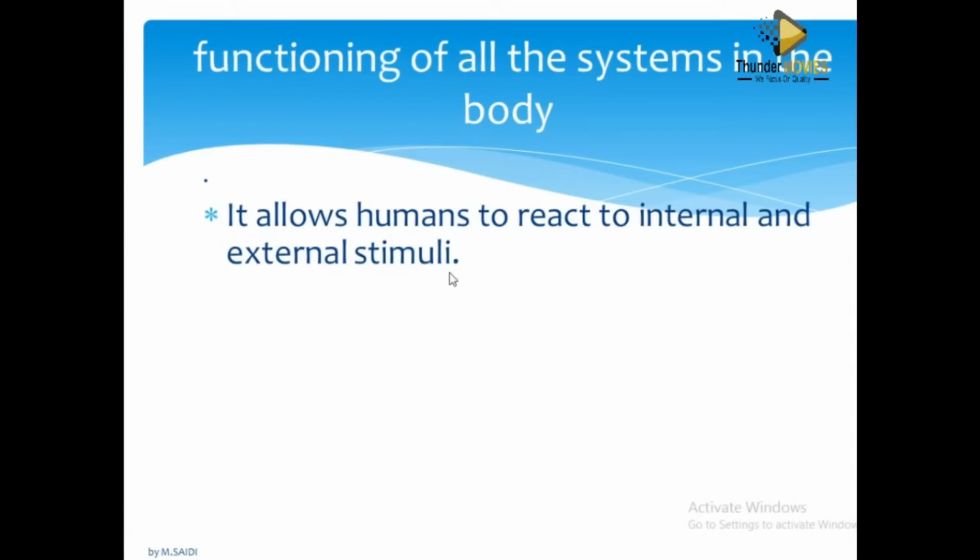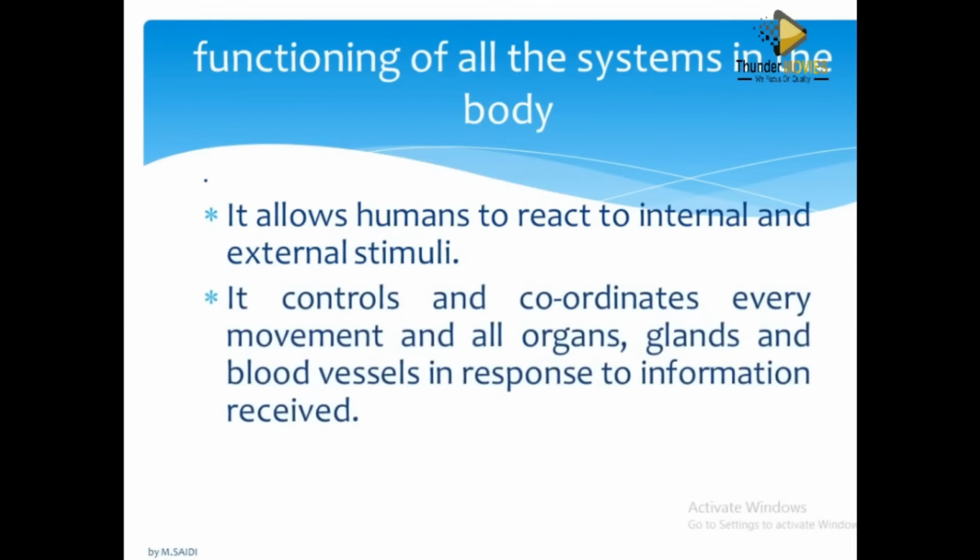What do you do when there is high heat? So those actions you do as a result of detection in change are being controlled by the nervous system. So internal changes could be like carbon dioxide, oxygen, level of glucose, and external changes could be temperature, humidity, sun, and others.